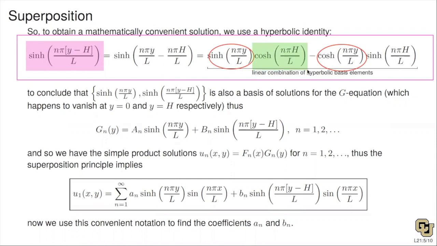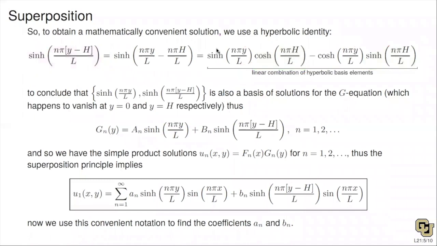H is fixed, L is fixed, pi is pi, n is one of our numbers, of our index. So again, this is just a constant. What you should see is a linear combination of basis elements so that this function combined with sinh forms a new basis.